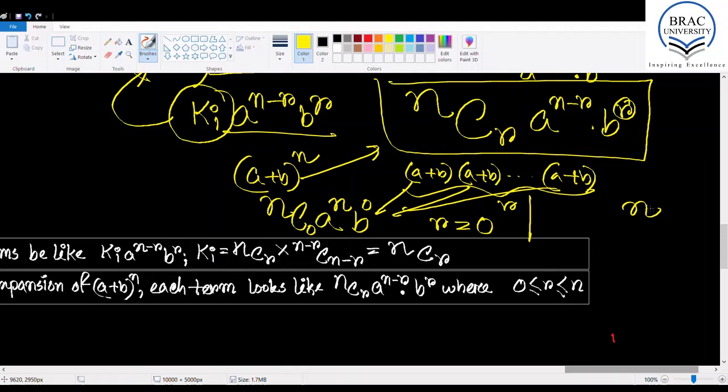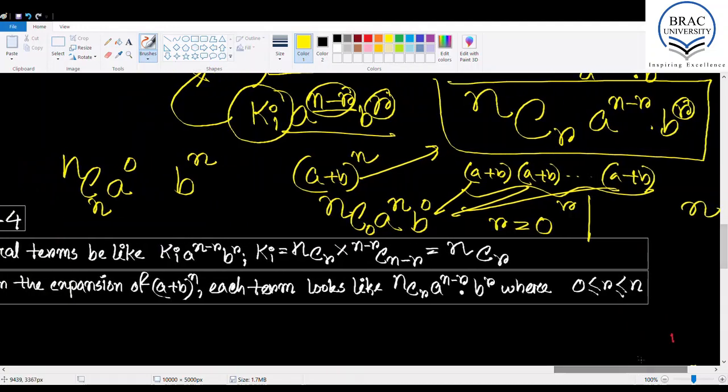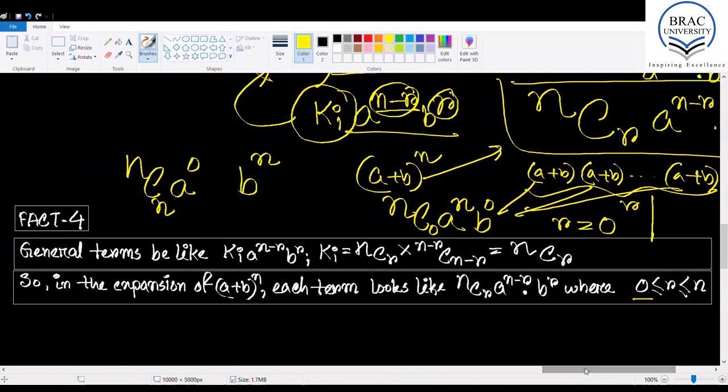And in that case, the power of b will be n and the power of a will be 0, and the coefficient will be nCn, right? So we can say that the limit for r is 0 less than or equal to r less than or equal to n, and this is where we get our fact 4.